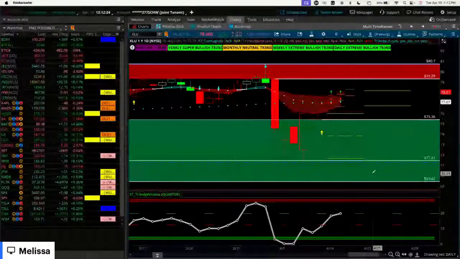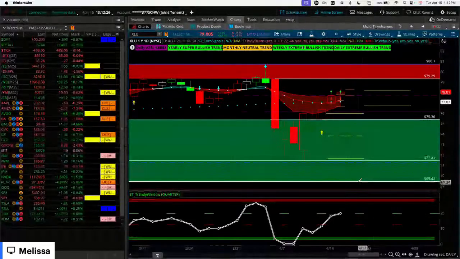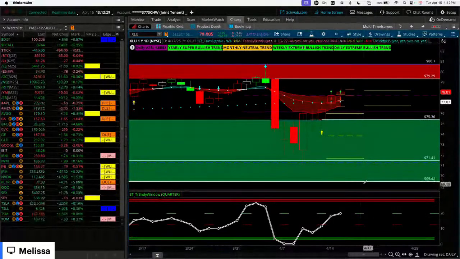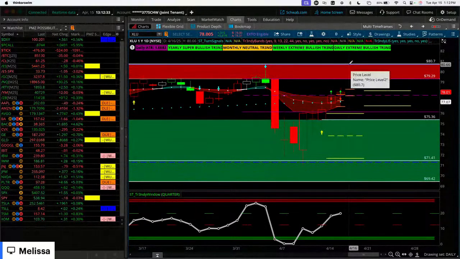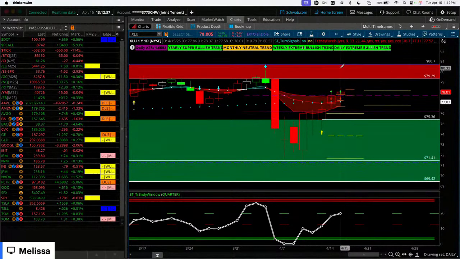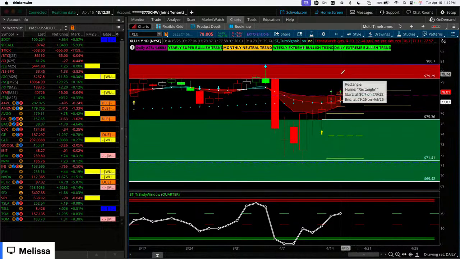And then my stop would be down here, a candle close below 69.42. I have supply right up here at 79.29 by $80.70. So this would be my target to the upside.